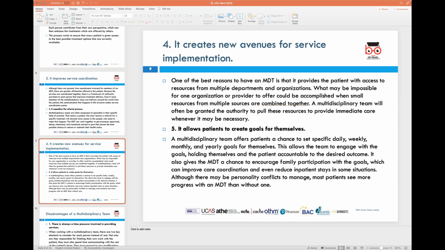one or two learners online. So the other bit that we also see as an advantage is that it allows patients to create goals for themselves.